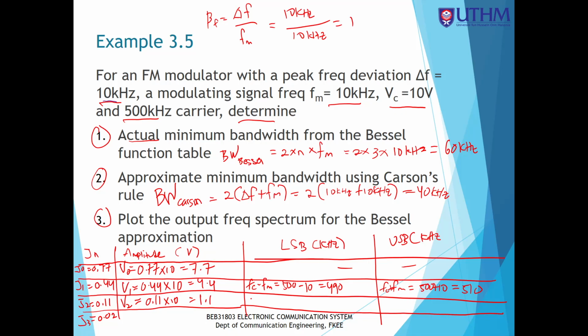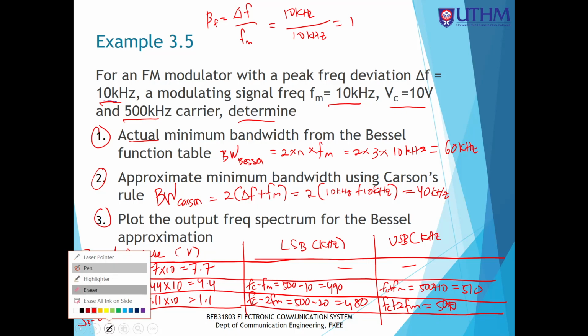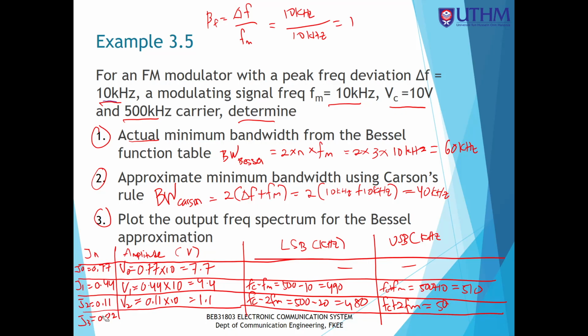The lower sideband is located at Fc minus 2Fm, which is 500 minus 20, so we get 480 kilohertz, while the upper sideband Fc plus 2Fm is 500 plus 20, so we get 520 kilohertz.